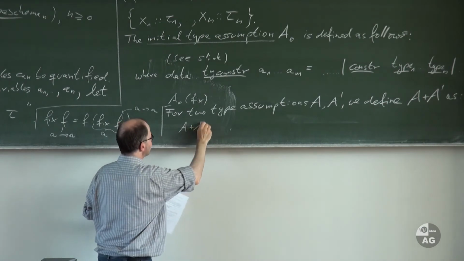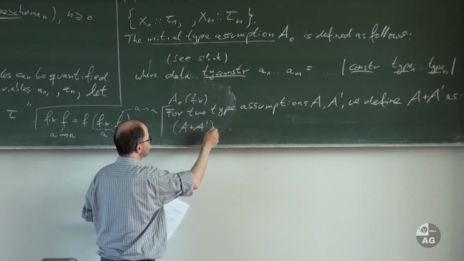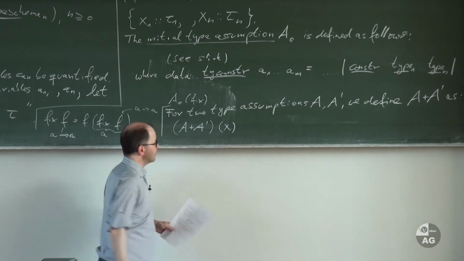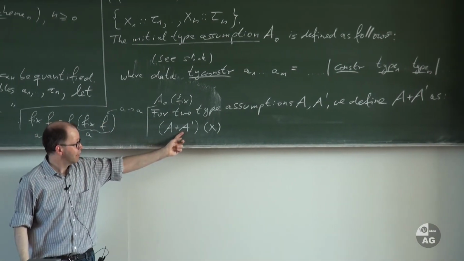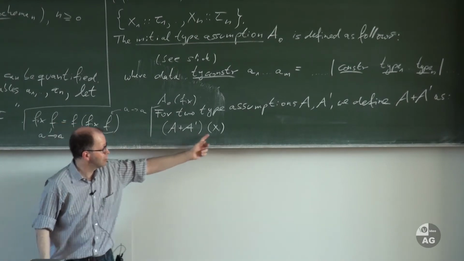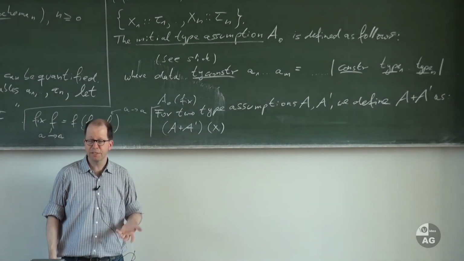So if we want to know in this new type assumption what is the type schema for X, then we first look into type assumption A prime. And if type assumption A prime is defined for X, then we take this type schema.